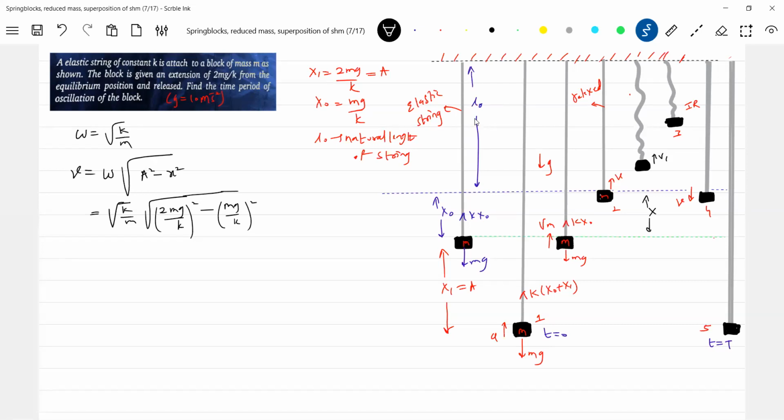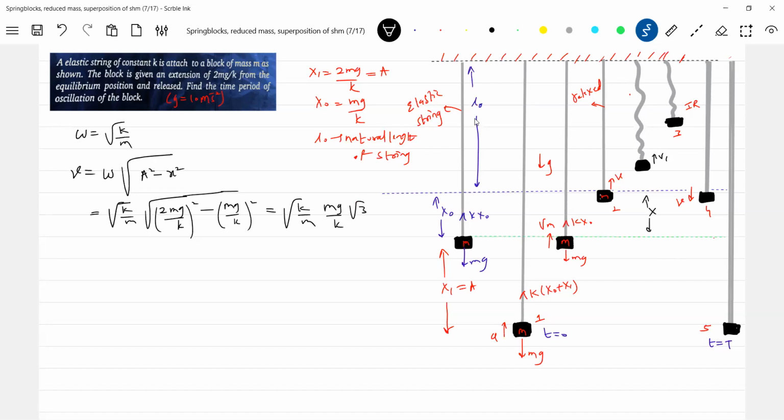Or in terms of A, I think it is better to bring it that way. Okay, let me use this one. So this will be root of k by m times mg by k root 3. Is it okay? Check it once.